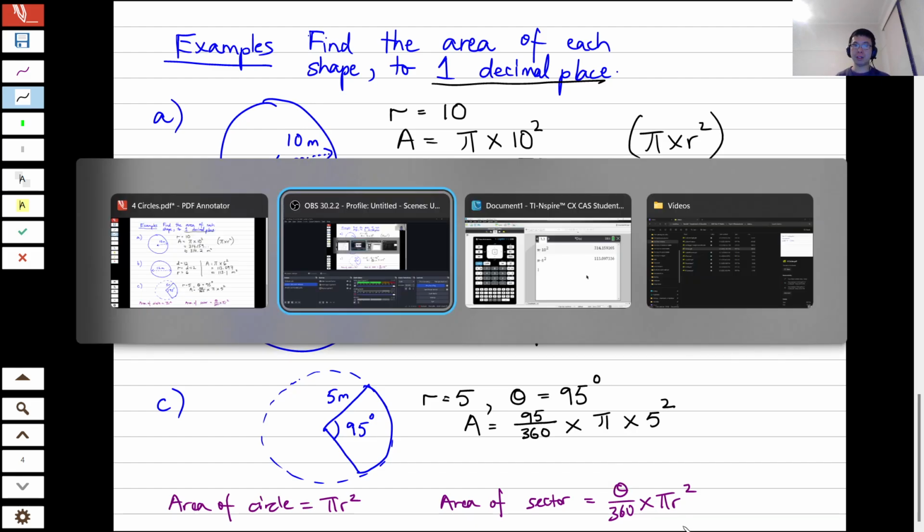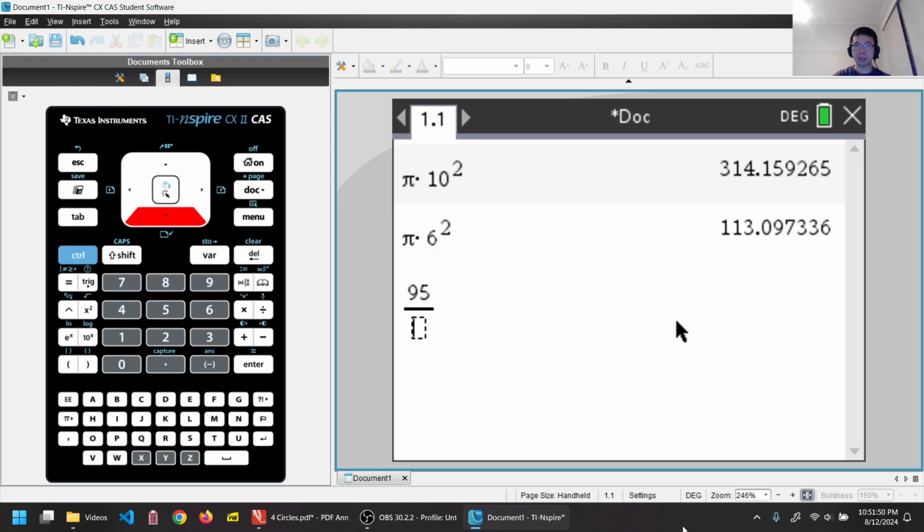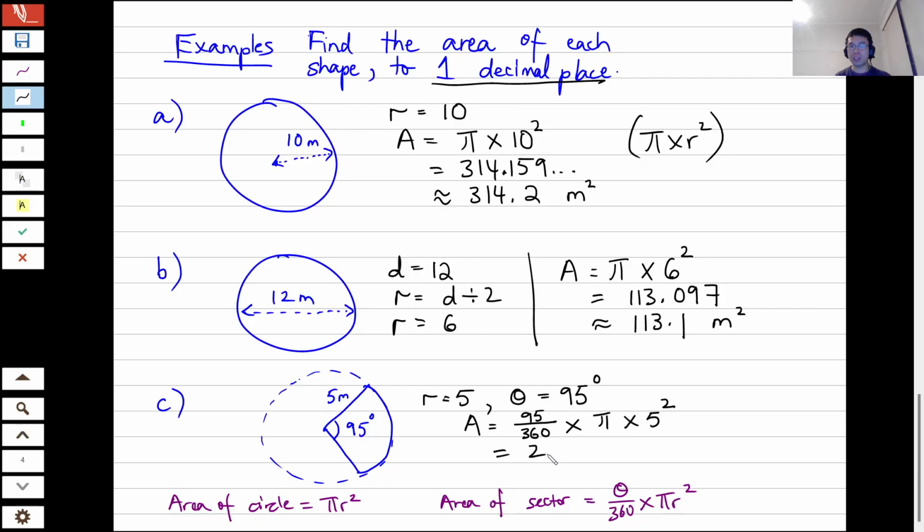Now we need to go to the calculator. So it's 95 divided by 360 times pi times 5 squared. And if I do this calculation, I get 20.726, and that rounds to 20.7 square meters, because the second digit after the decimal point is smaller than 5.